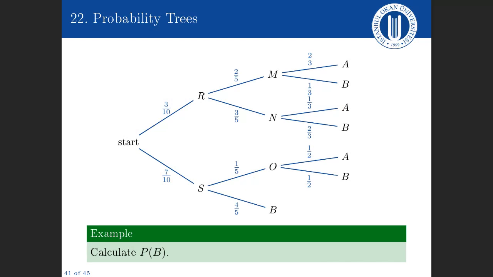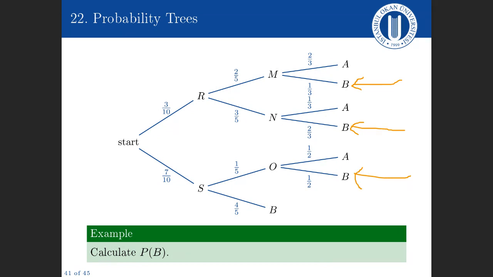Another example. Here's a probability tree. Calculate the probability of B. So where's B? B is here, and here, and here. So we want these probabilities.